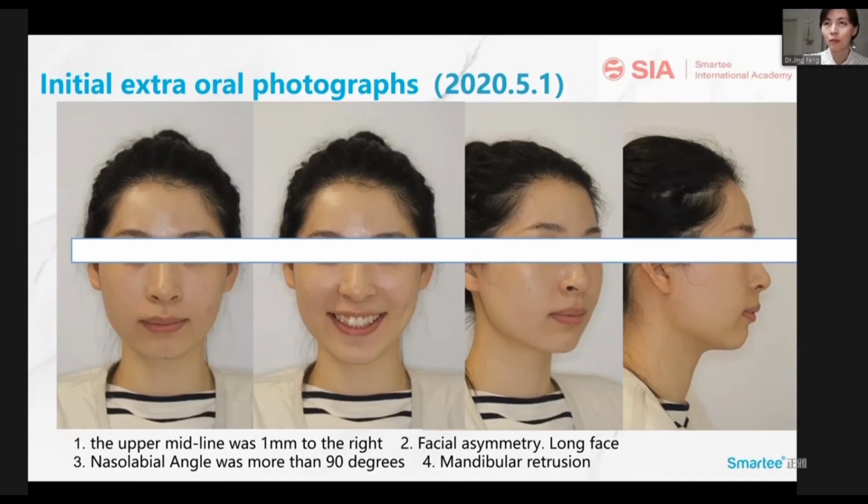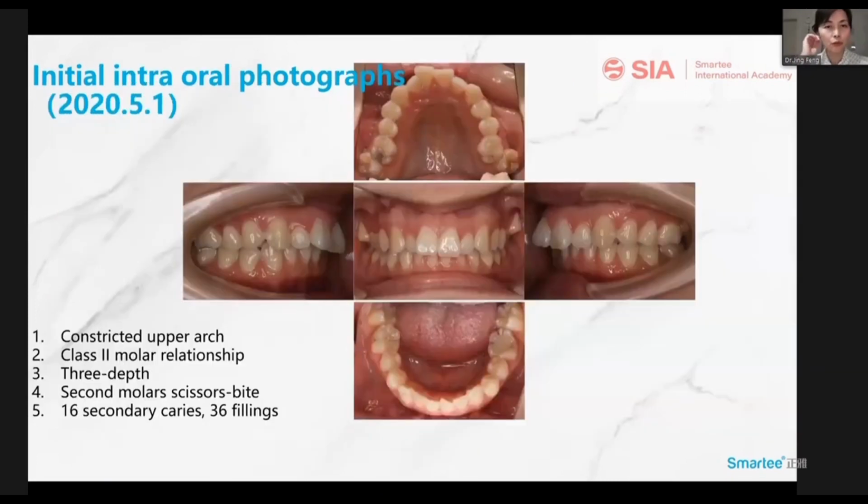The retruded mandible is the source of this kind of malocclusion. And the intraoral photos show 3-depth, molar class 2, crowding in both upper and lower dentition, and scissor bite at the terminal dentition.